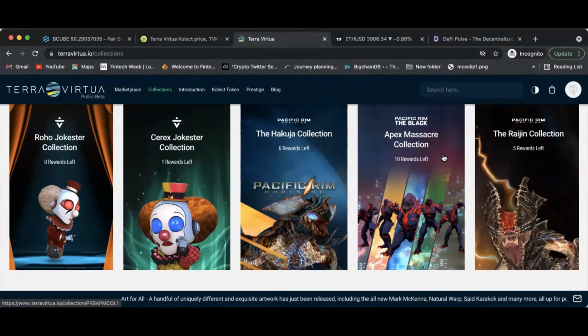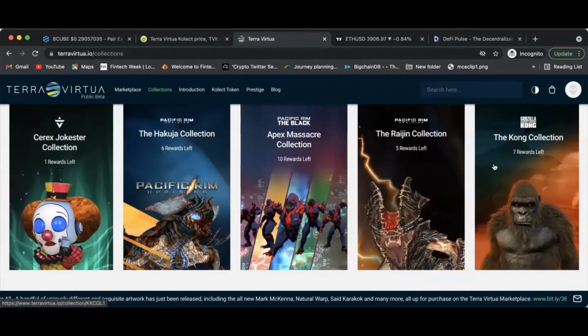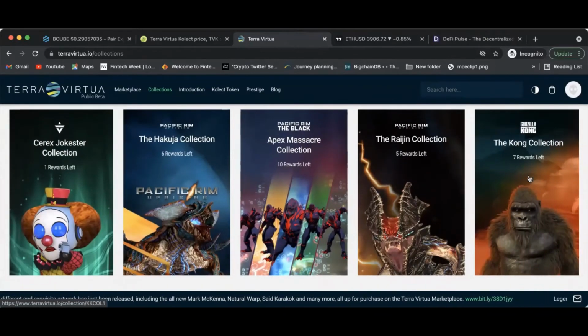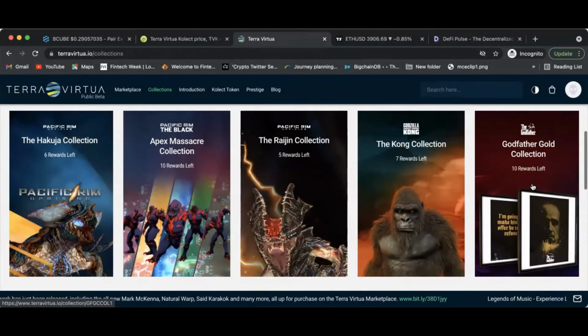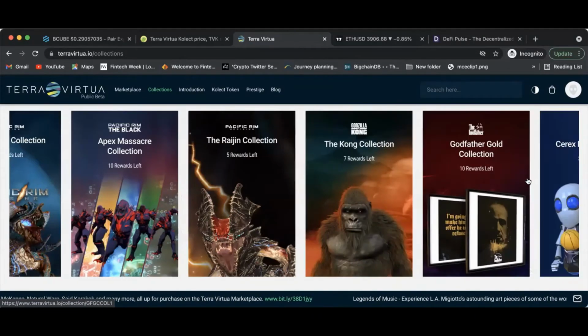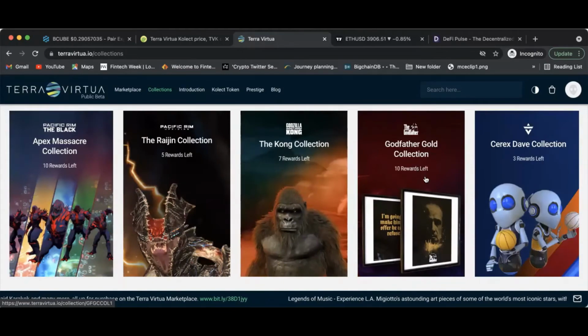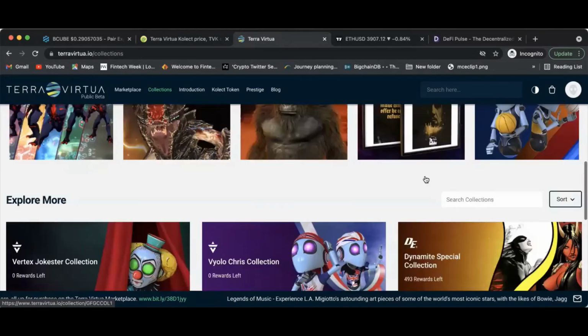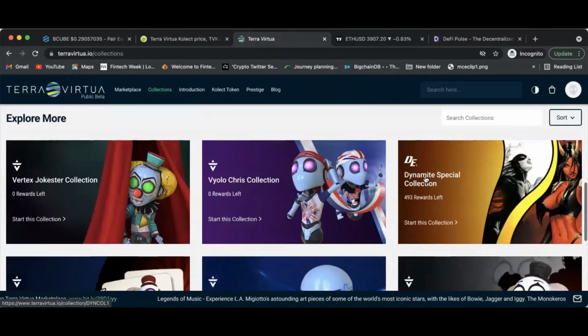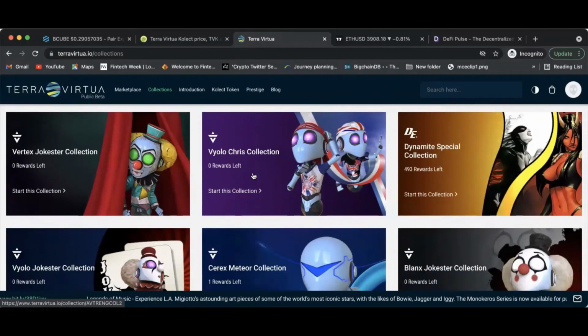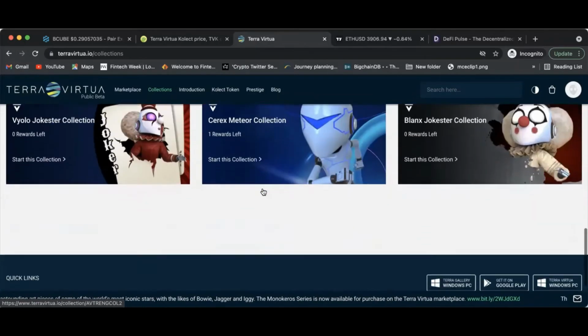They have quite a unique collection, but these are rewards. On the left, like King Kong, we all know this movie, it's a very famous Hollywood movie. You see Godfather collection, gold collection. So yes, something should be rare. You see all these things, because there are no rewards left here, you cannot collect this collection now. So it will be with somebody else.